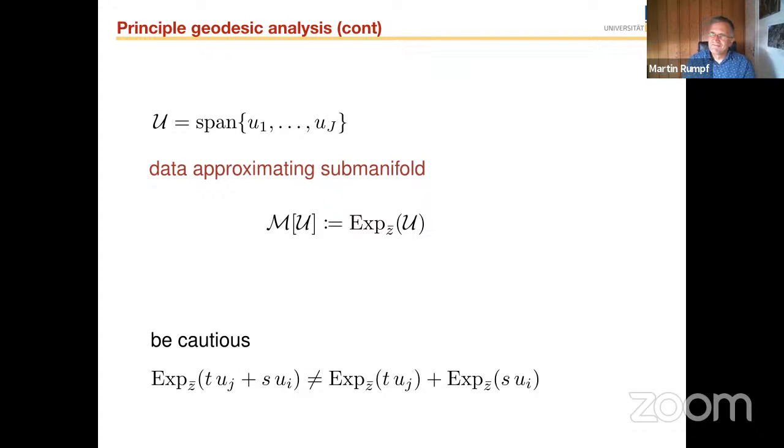Be cautious. If we consider linear combinations and then apply the exponential map, that's far from first applying the exponential map to scaled versions of the principal component vectors and then adding them. Because this is an addition in the tangent space, and that is an addition in the ambient space in which our manifold lies.